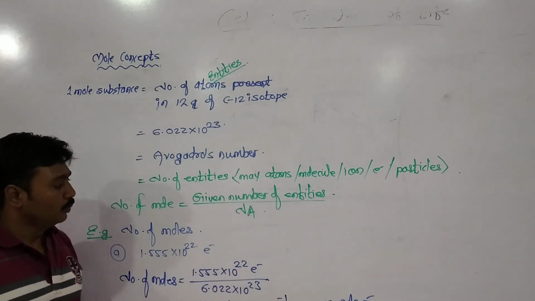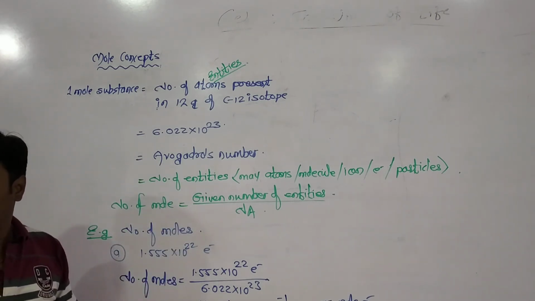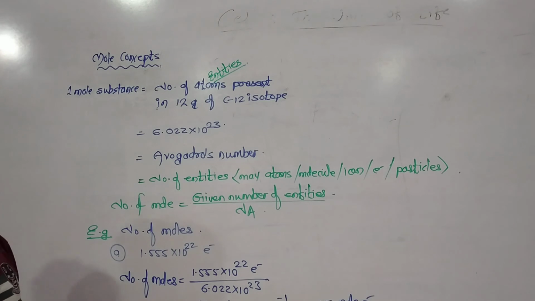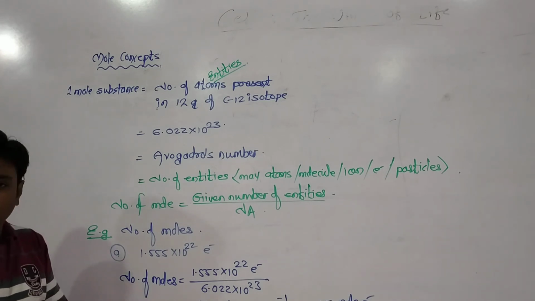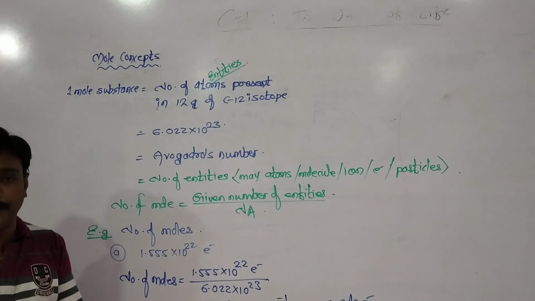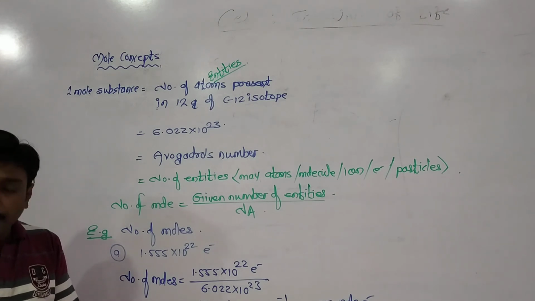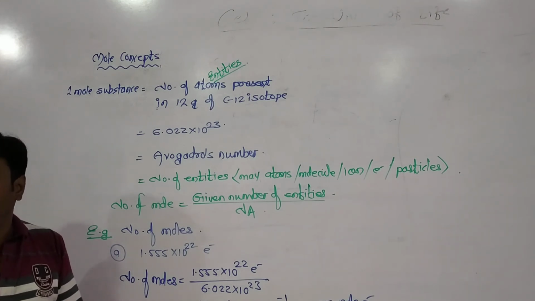So this is all about the one mole substance. How the different standards are used by scientists: hydrogen, oxygen and carbon. But they select carbon-12 as a standard for finding the value of one mole substance, because carbon is solid in state and it lies between hydrogen and oxygen.